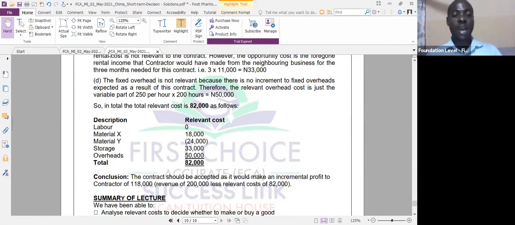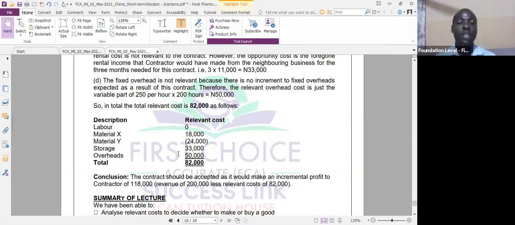Then material Y, the toxic material Y. If you don't dispose of it and use it in this contract, you have saved the company 24,000. It's no longer a cost now, it's a saving. Now look at the storage.